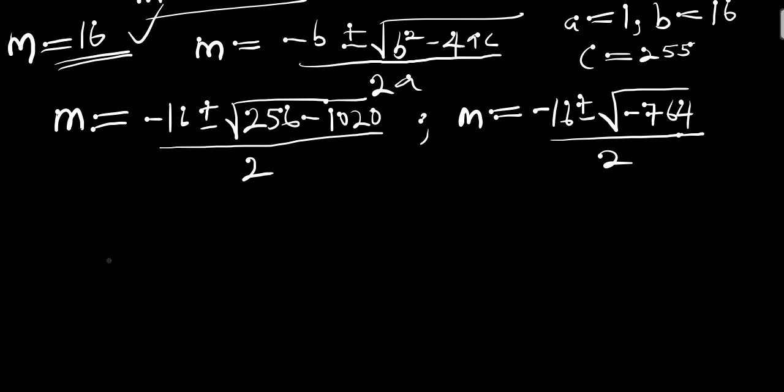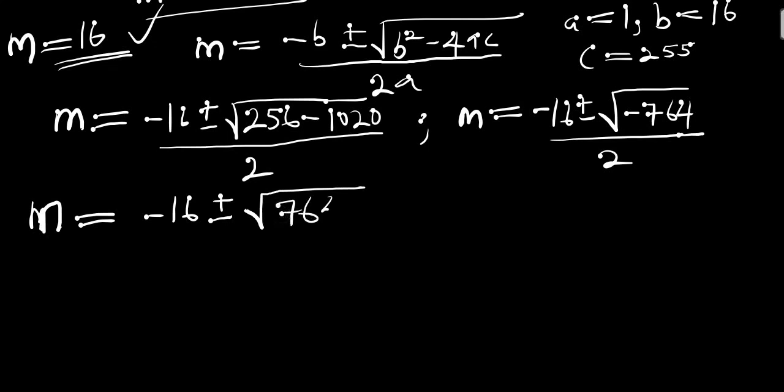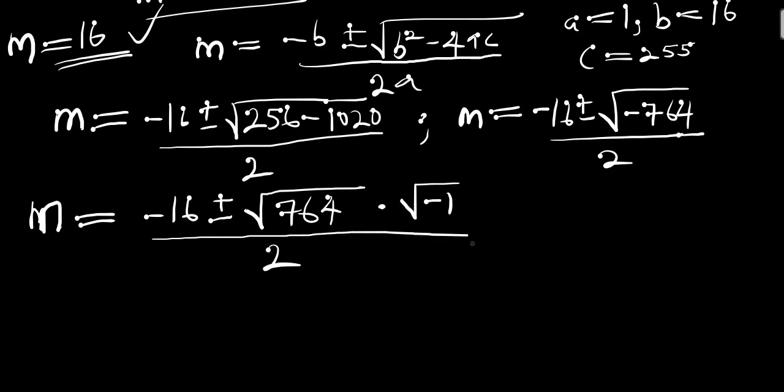So that means m equals negative 16 plus or minus square root of 764 times square root of negative 1, because of this negative sign we have here, divided by 2.